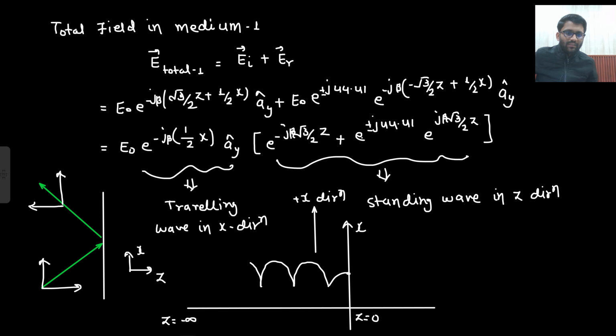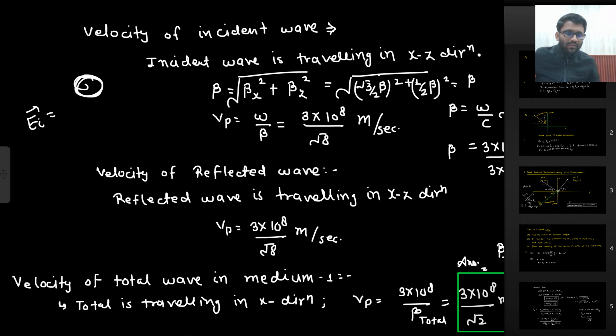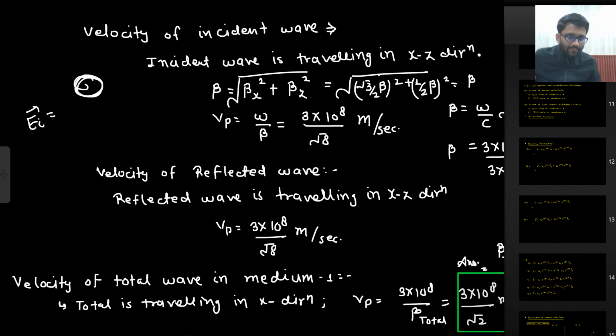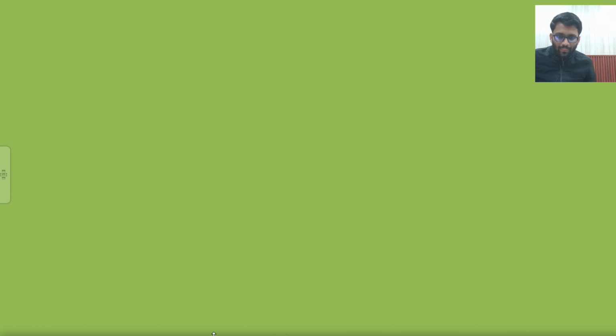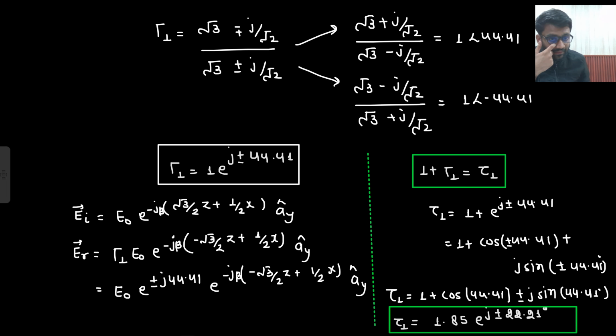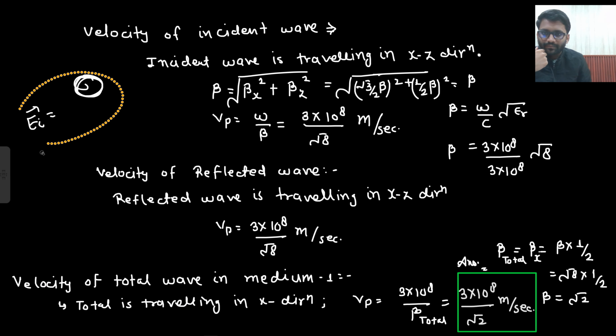So let's write down the transmitted field. So E t. Your incident electric field will be multiplied with this factor, that is 1.85, E naught.